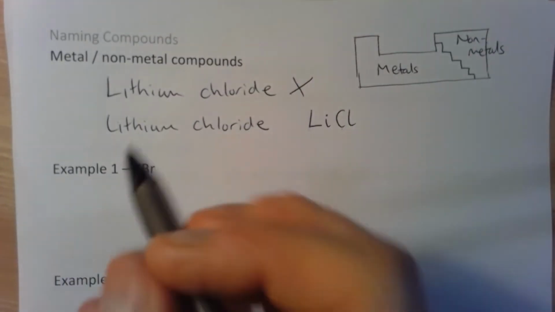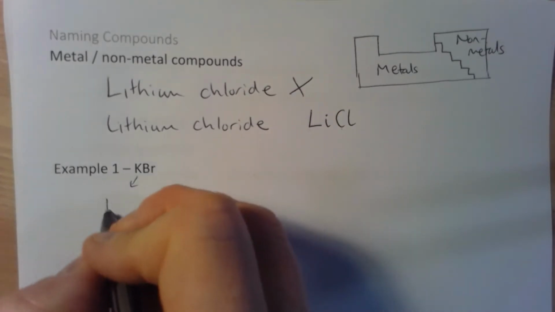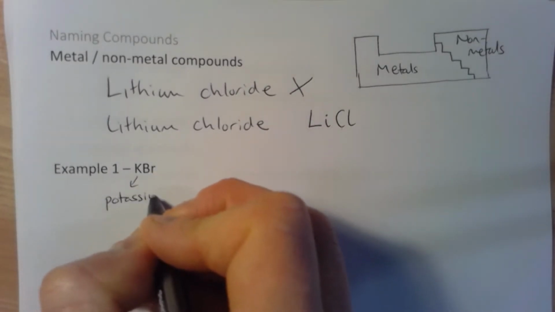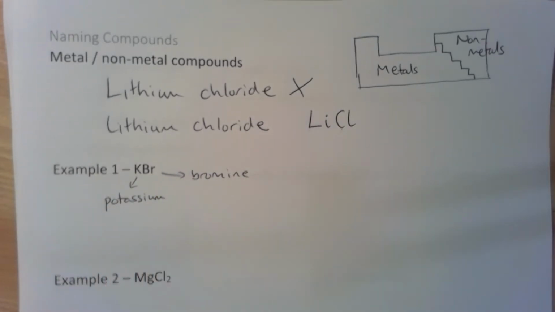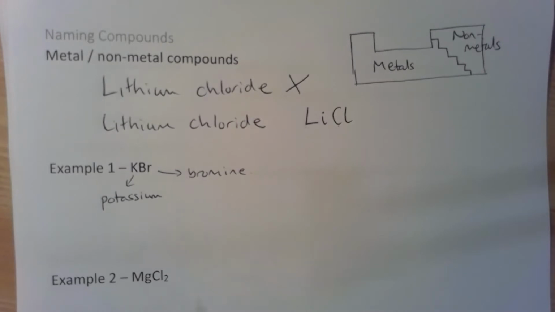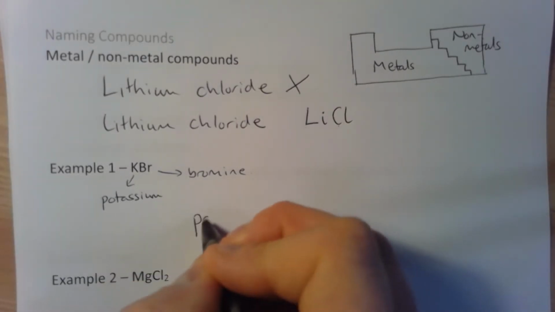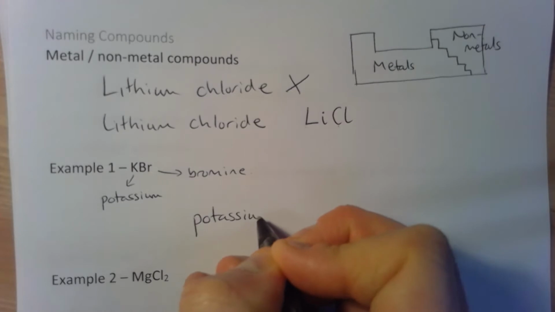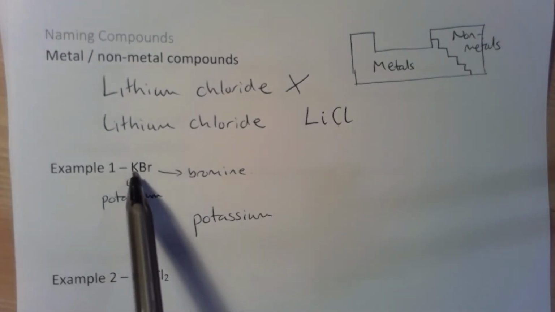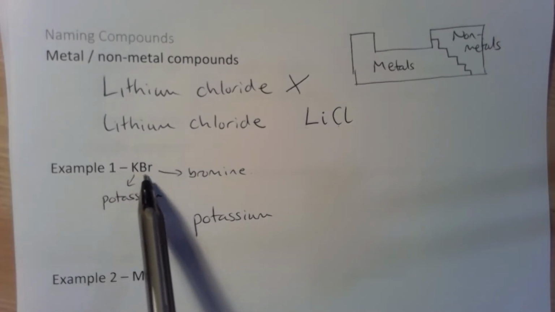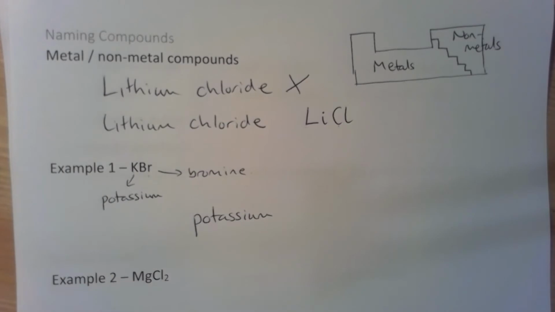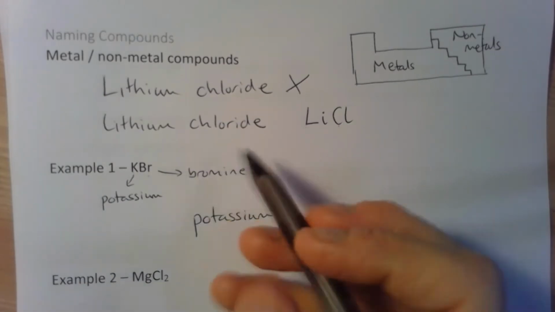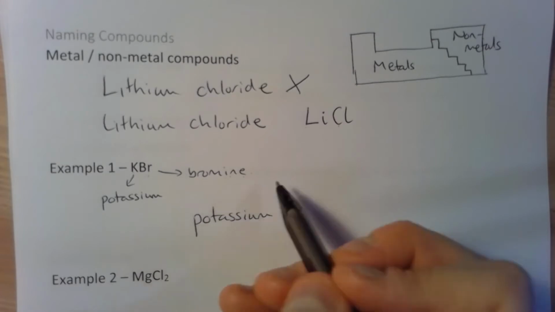The first thing we'd have to do is look on the periodic table, and we'd find out that that is the symbol for potassium, and this is the symbol for bromine. Now when we name this compound, the first part of the name stays exactly as we started with. So K is potassium, so the first part of the name here is potassium. Now the second part, the non-metal part, and the non-metal will always come second, we change the end of that name from INE to IDE, ide.